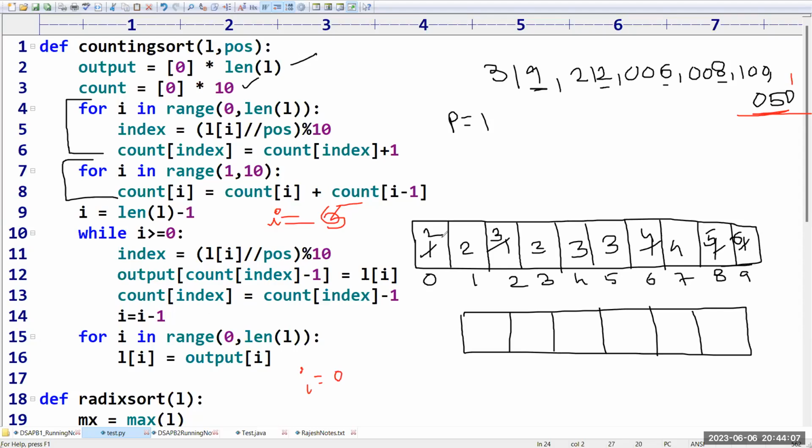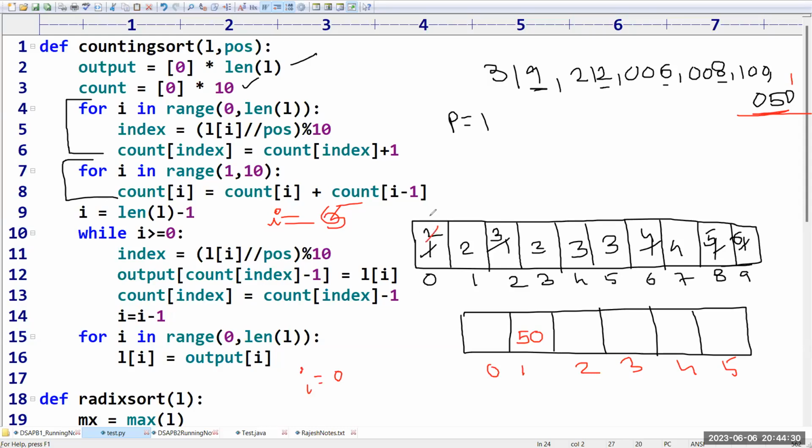So output of 2 minus 1, 2 minus 1 will become 1. In the first location of the output we are trying to place that 50. 50 will come here. Next, count of index will become count of index minus 1.